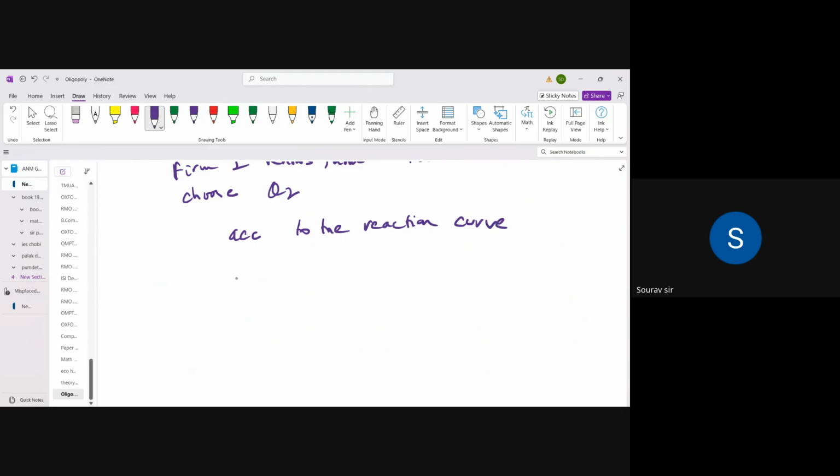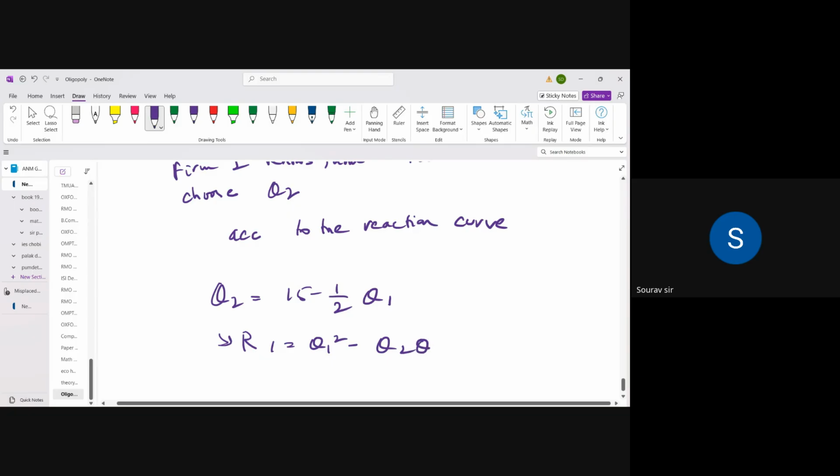So if you substitute this equation which I have already written into the revenue equation, that is the revenue of firm 1, then you will get firm 1's revenue.